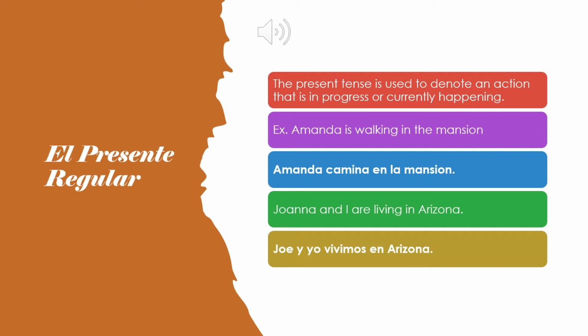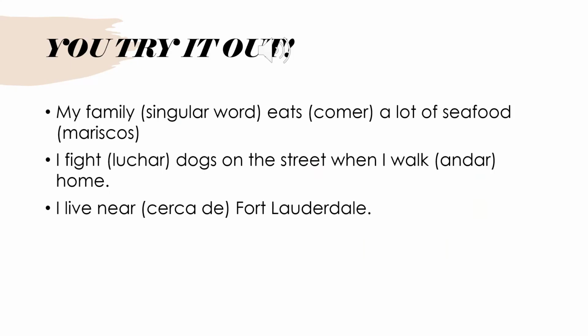Joanna and I are living in Arizona. So Joanna y yo vivimos en Arizona. So once again, go back to your IR verbs in your chart. Vivir is the verb to live. You cross out the IR, add the imos, that's how you get vivimos. Now I think this would be the best time for you guys to try it out. Test it out for yourself, see what you understand from this.